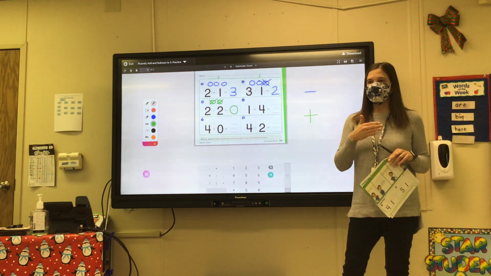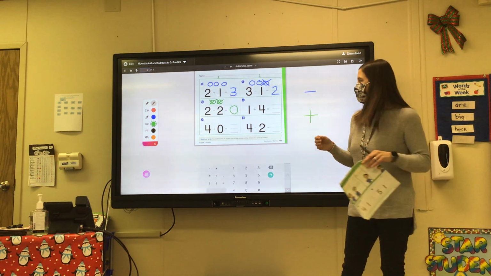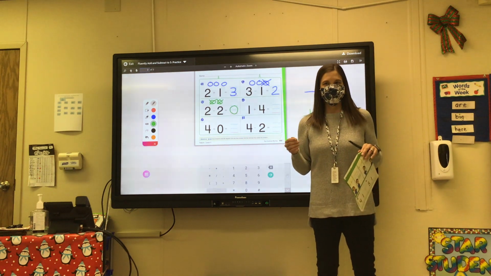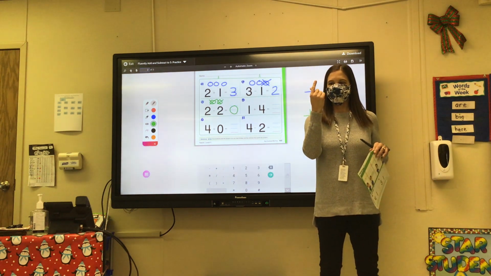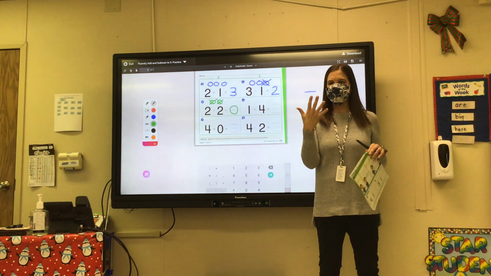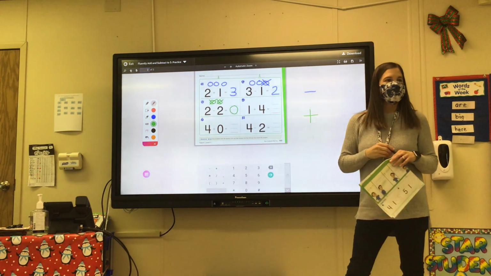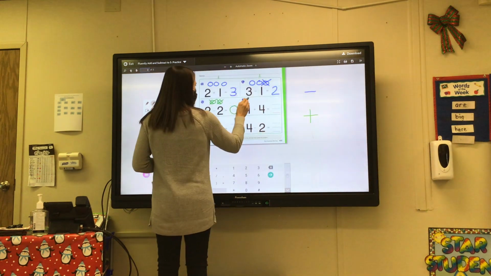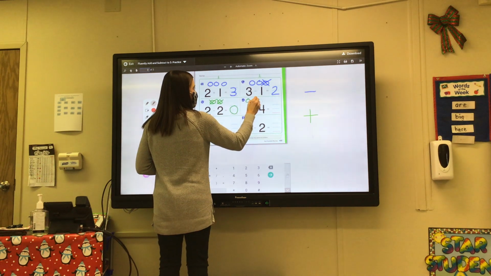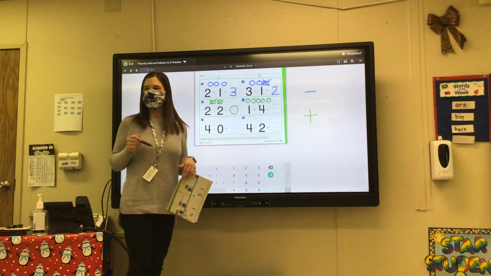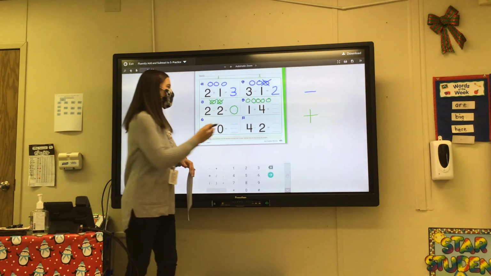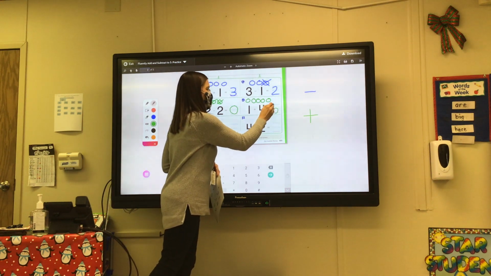So you can add up from 1 to 4, or you can draw a picture. So you could say 1, 2, 3, 4, 5, because you're adding 4 to 1. Or you can draw a picture. You have 1 plus the 4. So how many are there altogether? 5. 1 plus 4 equals 5.